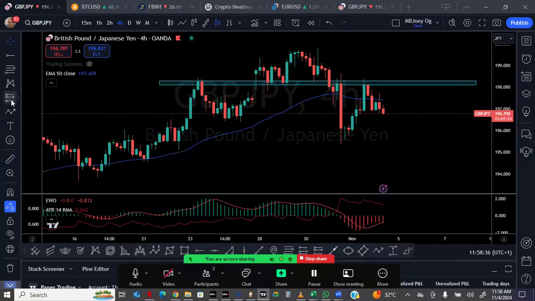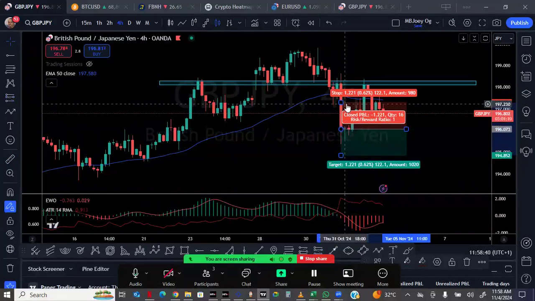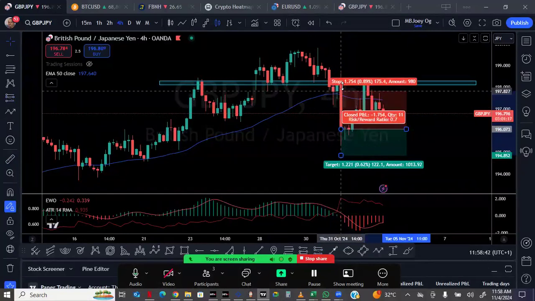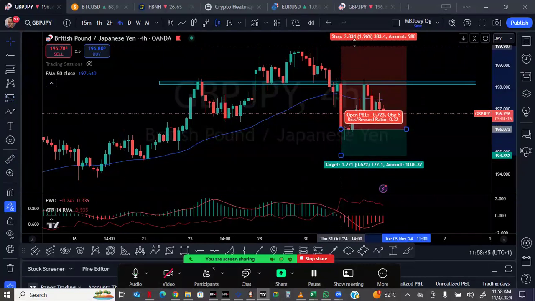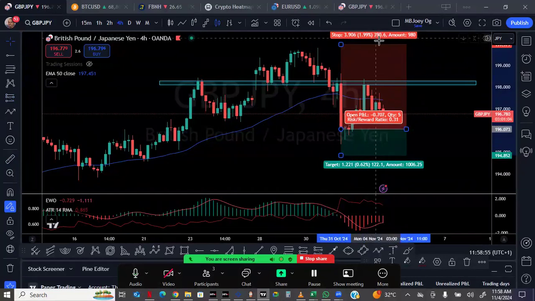Now, take a look at it. If I enter from here, my ideal stop loss is above my most recent high, right? Which is this. Check out the number of pips. Almost 400 that I'm risking. Can you see that?